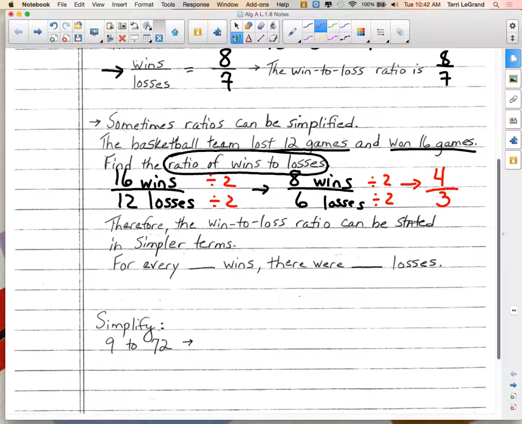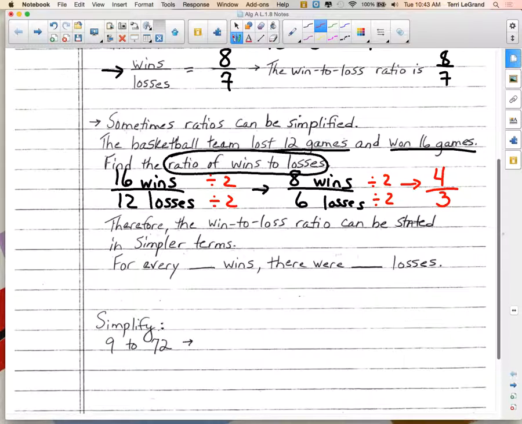Sam? Because you're past a whole number. Okay, so why should it be past the whole number 1? What do we know about this situation? If we're comparing wins to losses, and we end up with something greater than 1, what does that tell us? That they did what?